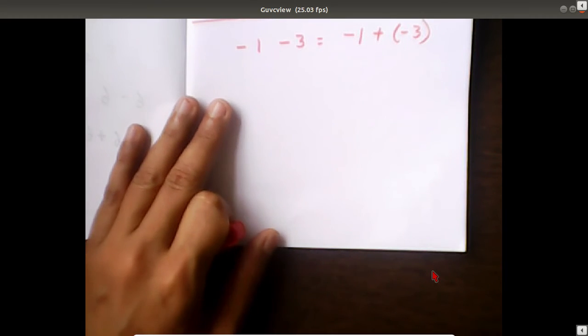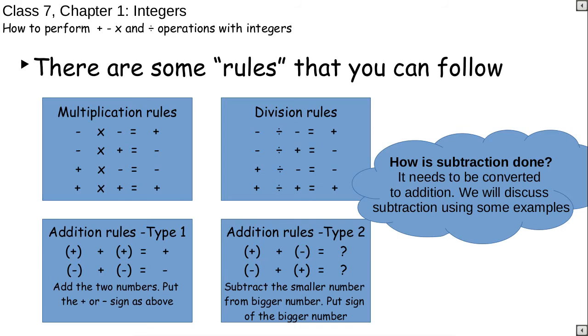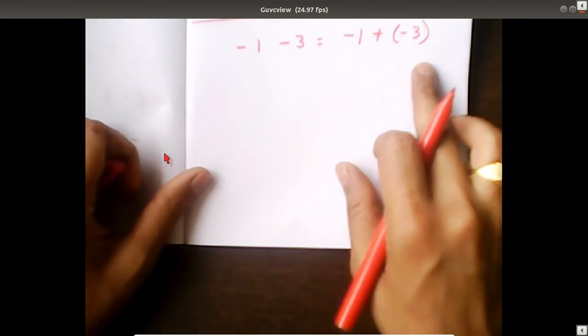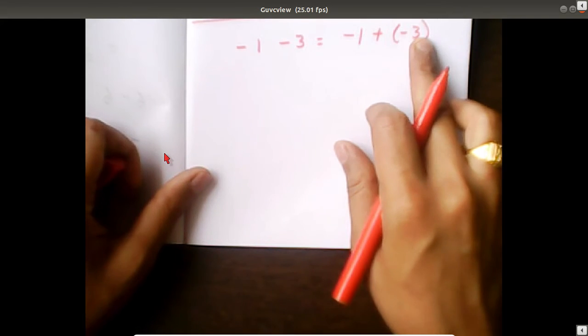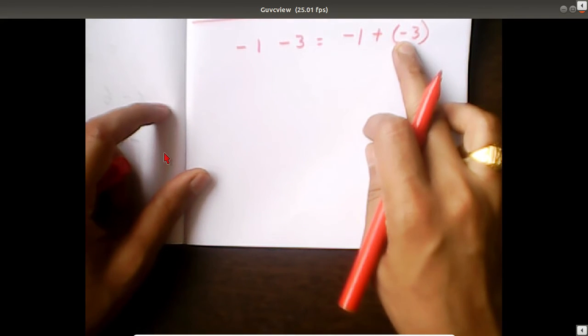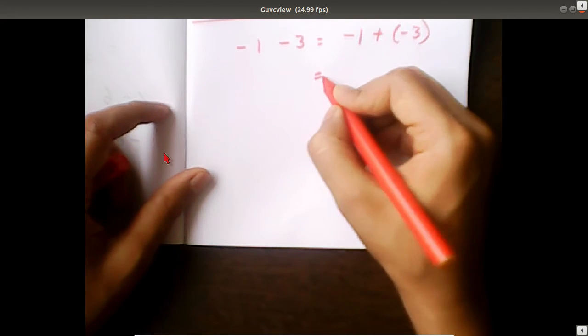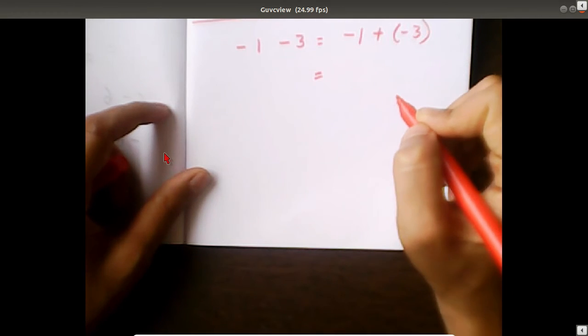Remember, we told you in one of the rules that minus into plus is equal to minus. So even if you write your subtraction like this, it does not make a difference because plus multiplied by minus becomes a minus.